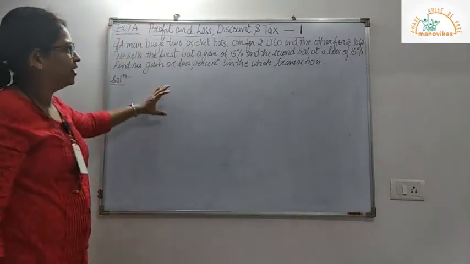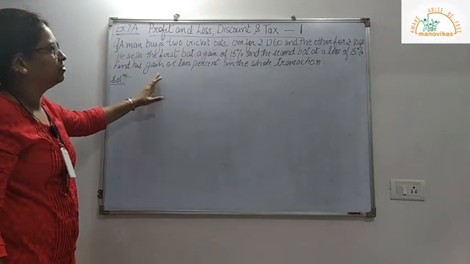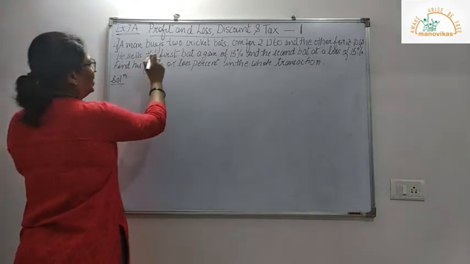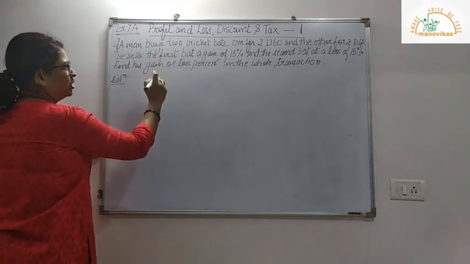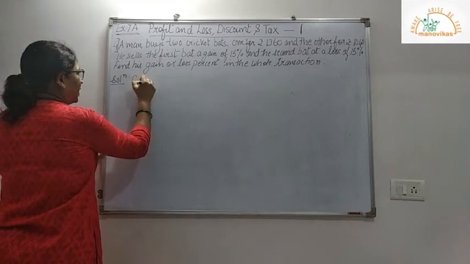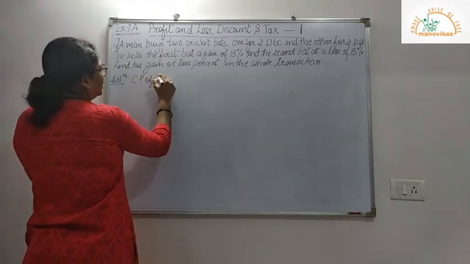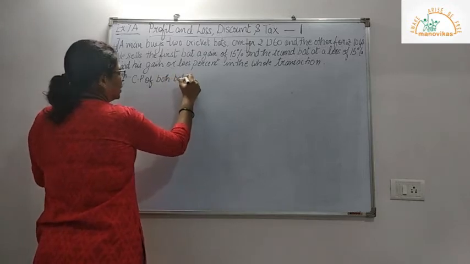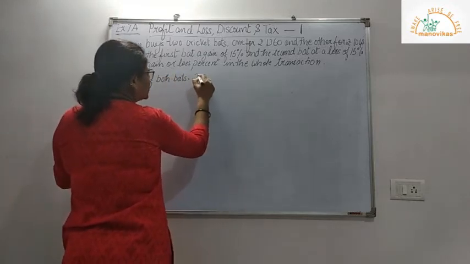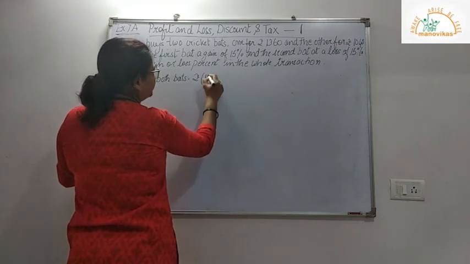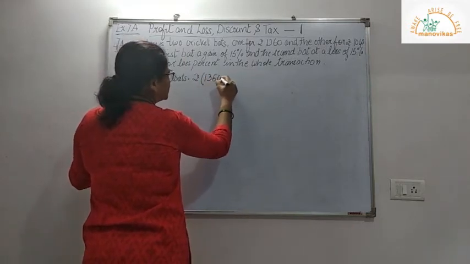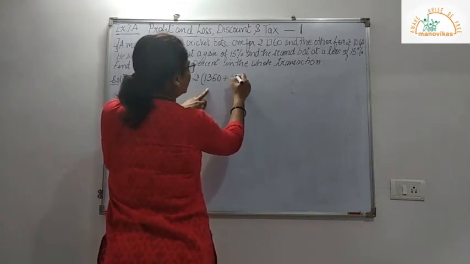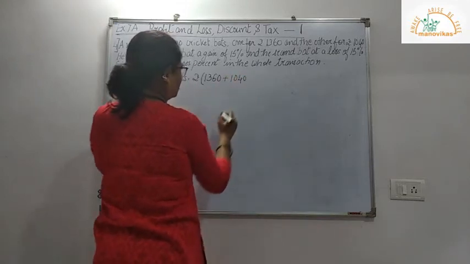Right? Now we have to find out whether he has sold both the bats with a gain or with a loss. So now first we find the cost price of both the bats. So cost price of both bats is equal to rupees 1360 plus 1040, right?